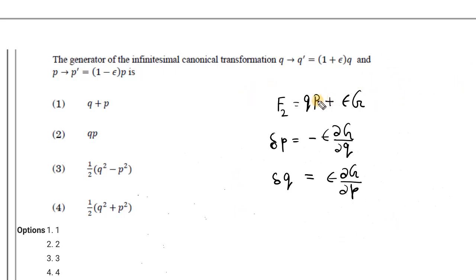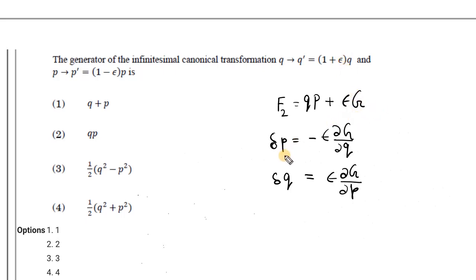If your F2 type generating function is qP plus epsilon G, then delta p will be minus epsilon del G by del q, and delta q equals epsilon del G by del p. So qP is the contact transformation, just transferring from q to q without changing anything, and epsilon G is changing q to q plus epsilon q.